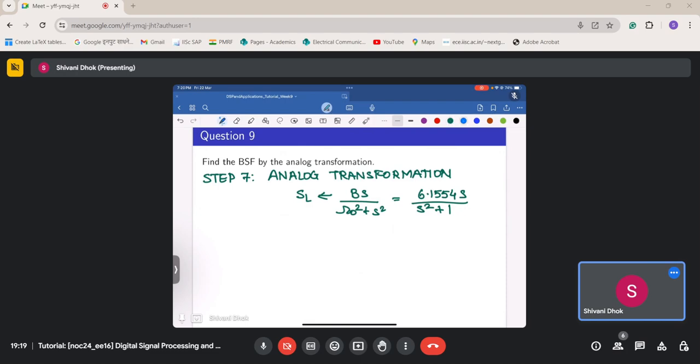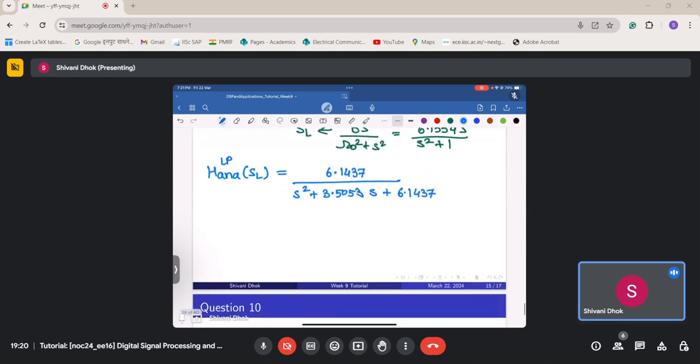Now we have H analog of s low pass as 6.1437 divided by s square plus 3.5053 s plus 6.1437. So now H analog of s, which we want to find. This is s L, this is also s L, so we replace s L by this transformation.